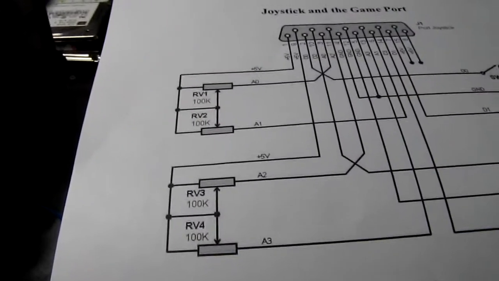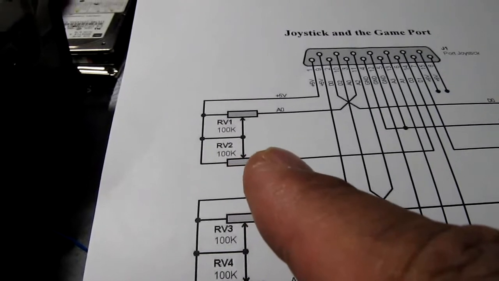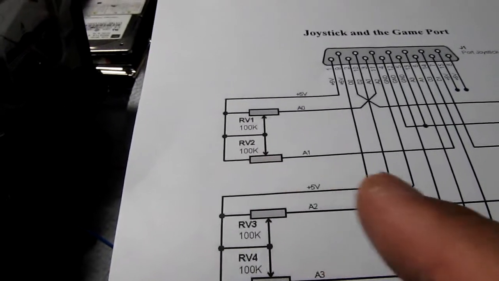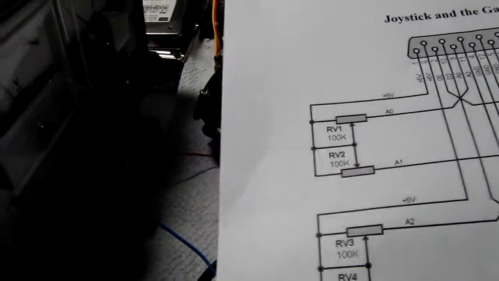So you can't read a variable voltage from that connected to an analog input. So what do?